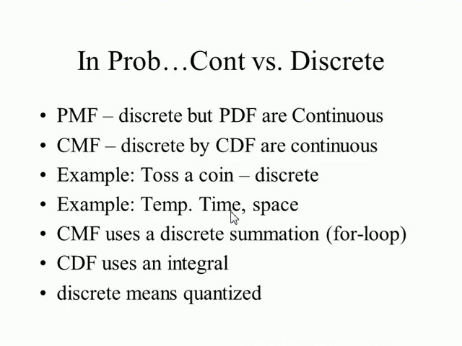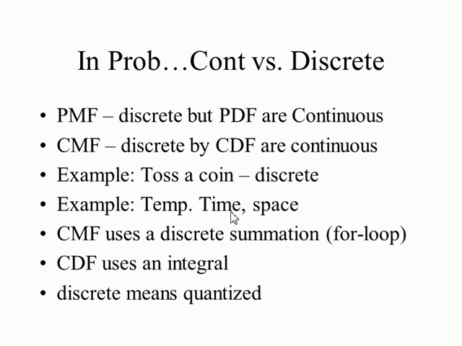Yeah, okay. So the probability mass function and the cumulative mass function are just the discrete form of the continuous form and the density. See what I'm saying? The probability density function is continuous. The probability mass function is discrete.